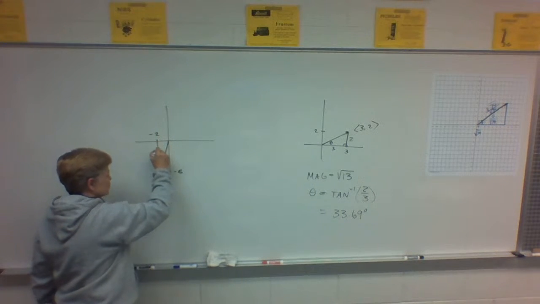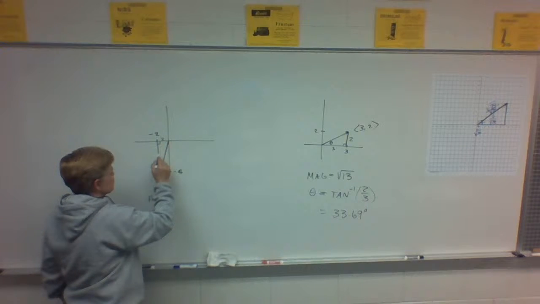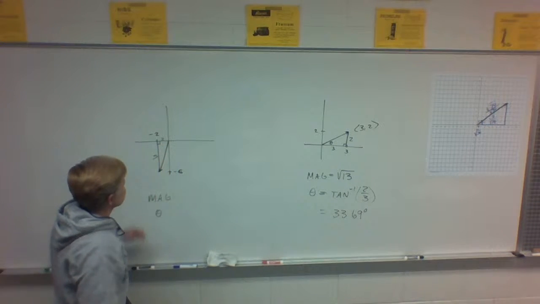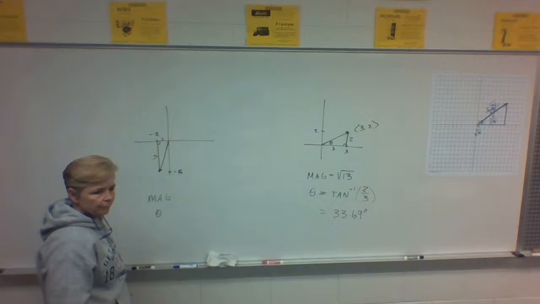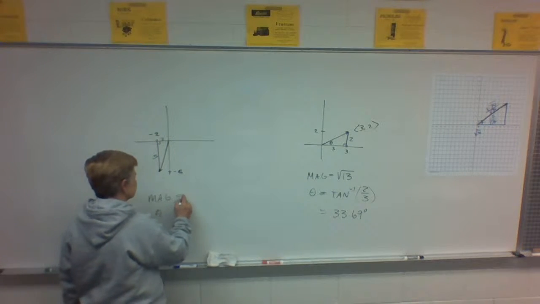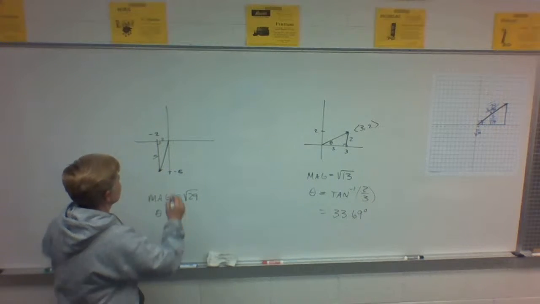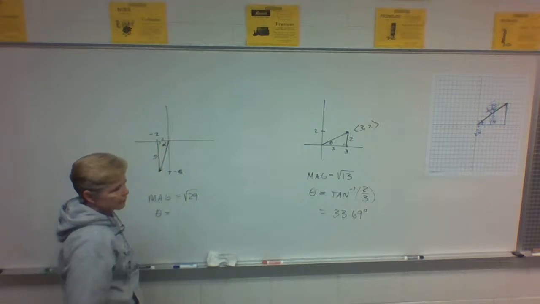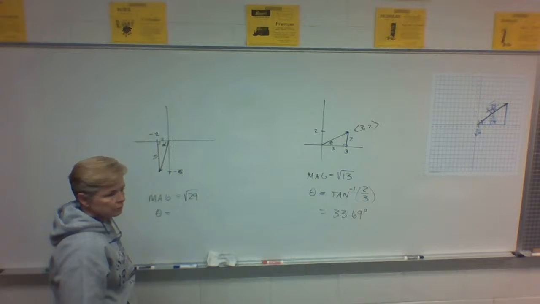Again, for me personally, I recommend a triangle. Right angle is there. This is 2. This is 5. Makes the magnitude square root of 29. Yeah, a little bit more than 5. Square root of 29. Theta would be, this right there, that alpha right there, inverse tangent of 5/2.